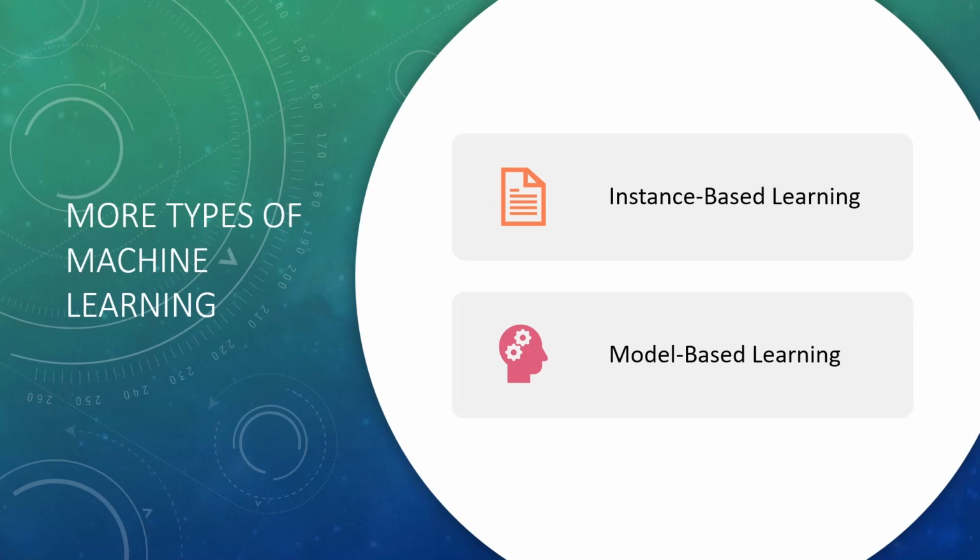Algorithms considered instance-based learning, such as k-nearest neighbor, instead of coming up with a model that can be used later to predict on unseen data, take the new unseen data and compare it with the instances seen inside the training data set.